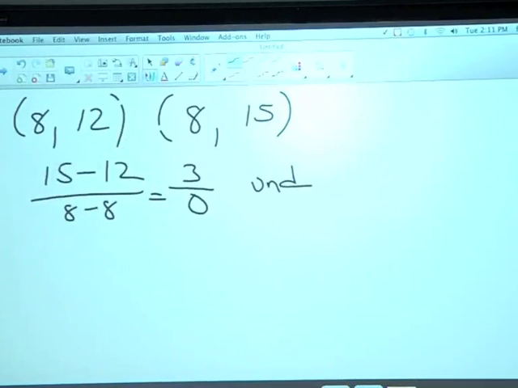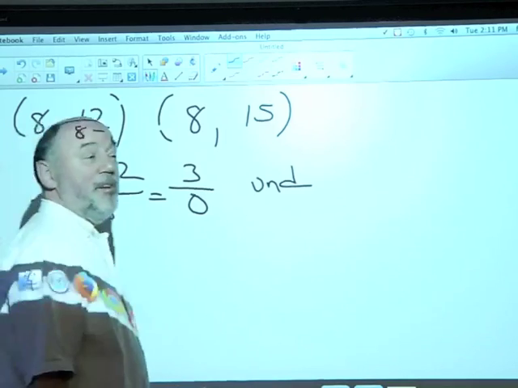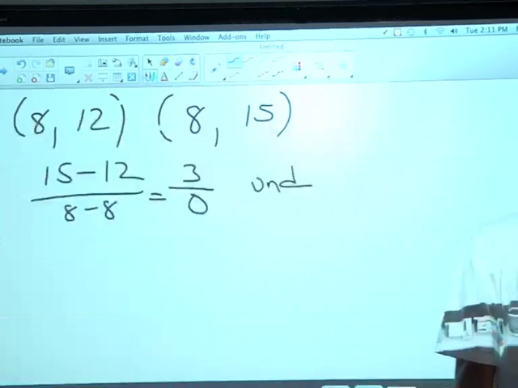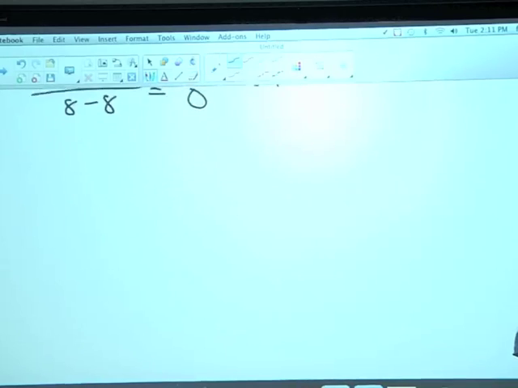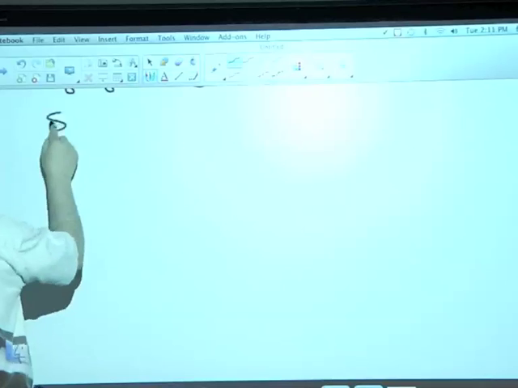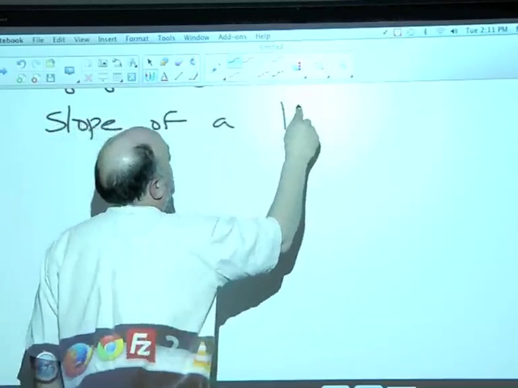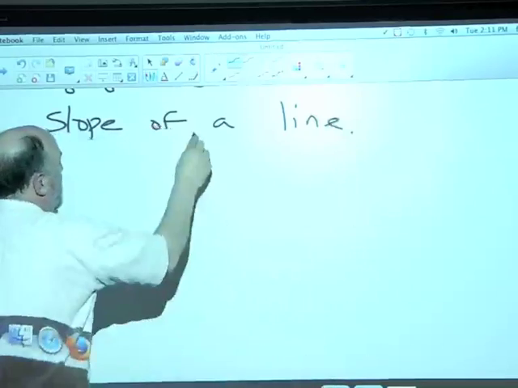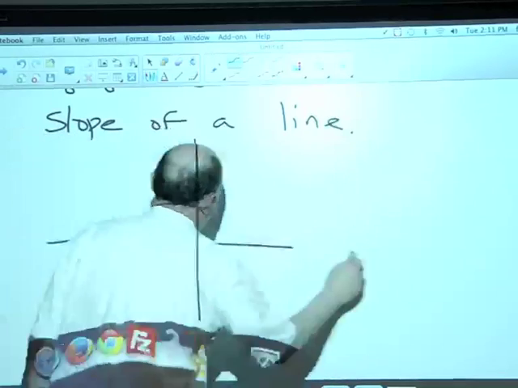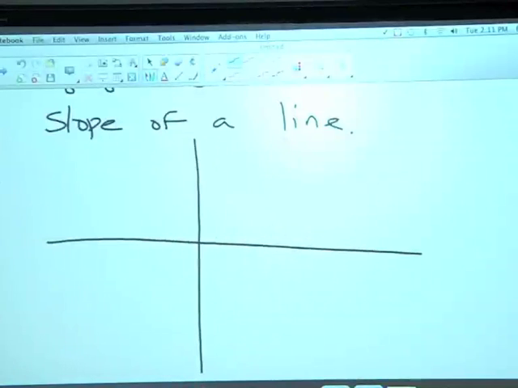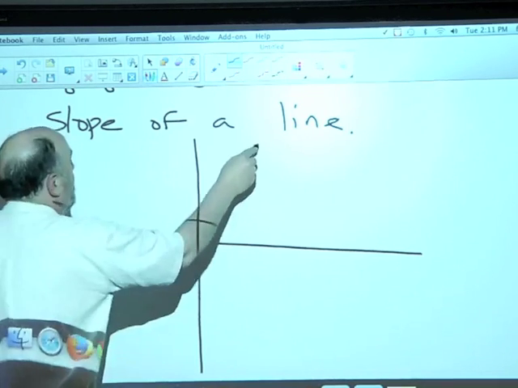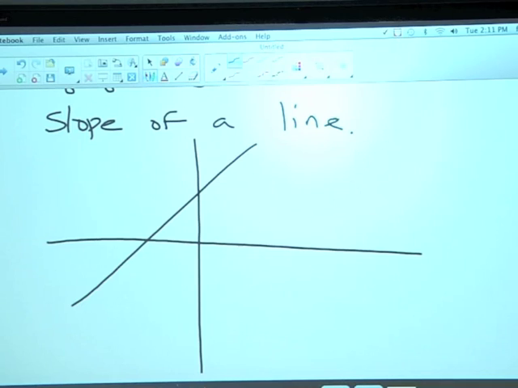All right. So now in terms of slope of a line, okay, there really are 4 possibles. So you have my axis. So first kind of slope would be a positive slope. So a positive slope would be something like that.